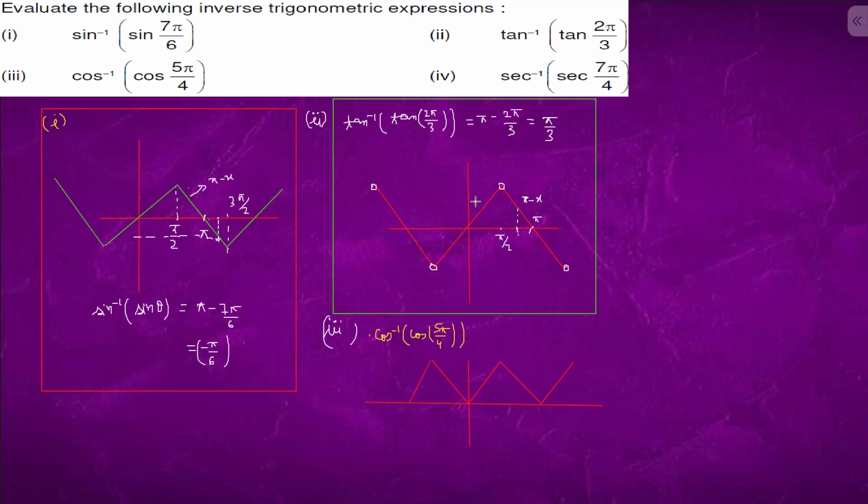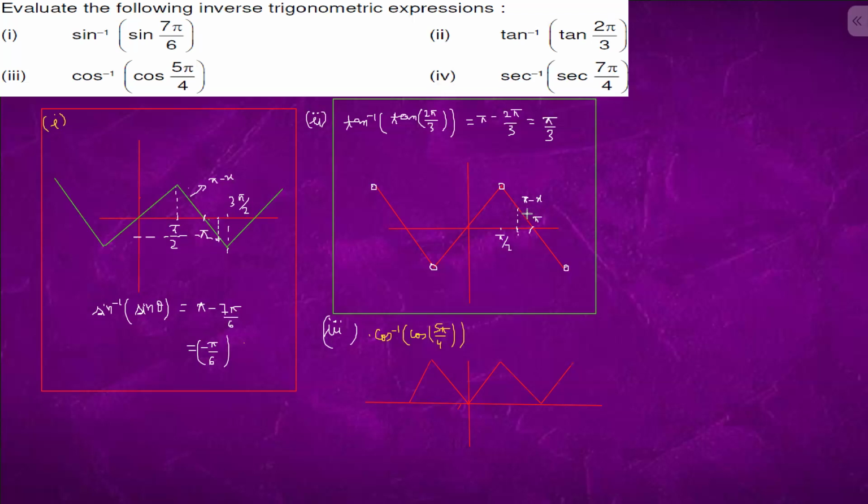This point is pi by 2, and this is 0 comma pi. So pi minus pi by 2 is pi by 2, and the slope is minus 1.